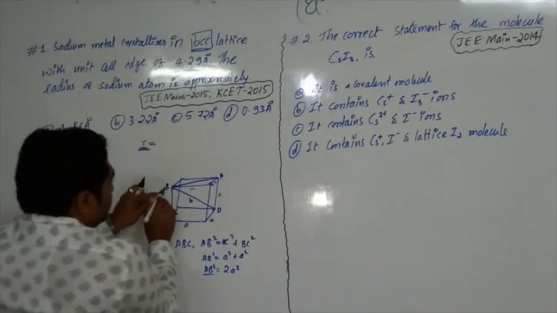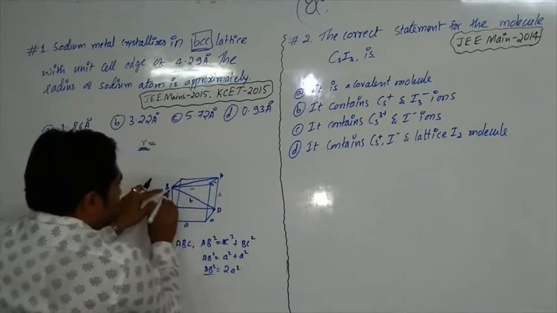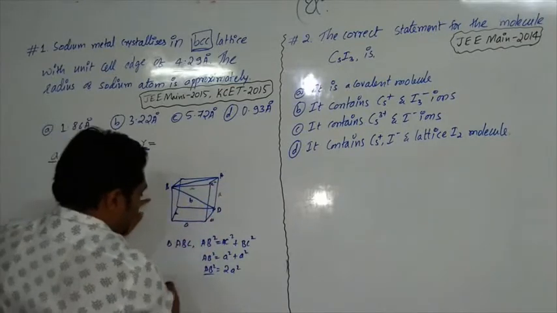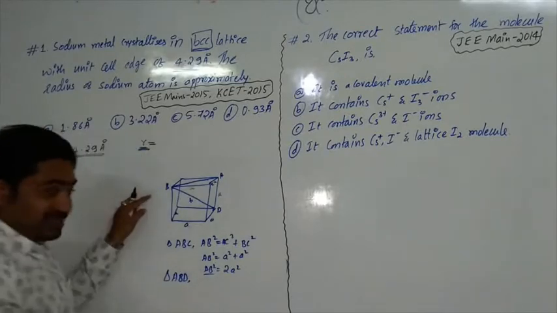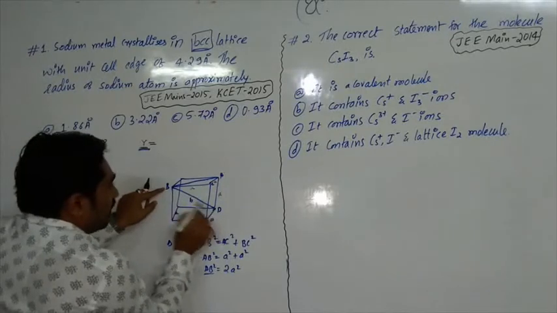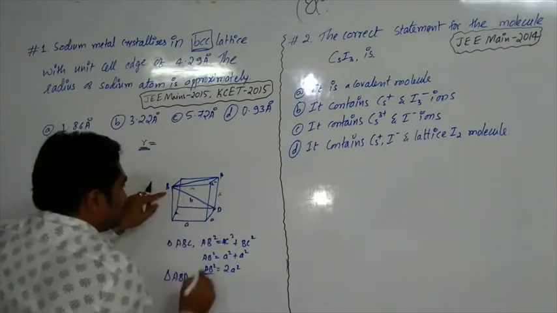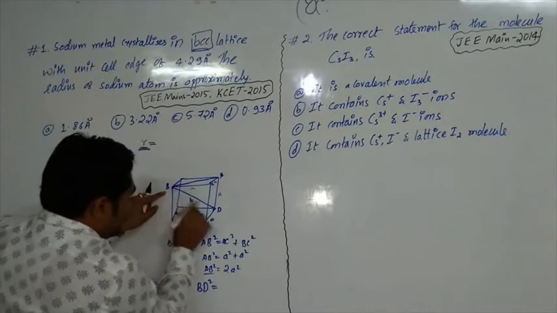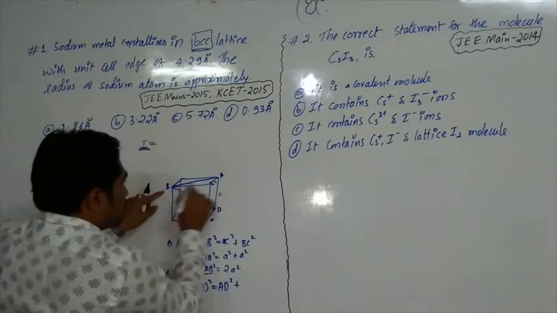Now what we have to calculate is the length of the body diagonal. We have calculated the length of the face diagonal, and the length of the body diagonal is calculated using the triangle ABD. Again we apply the Pythagoras relationship. BD square is equal to AD square plus AB square.